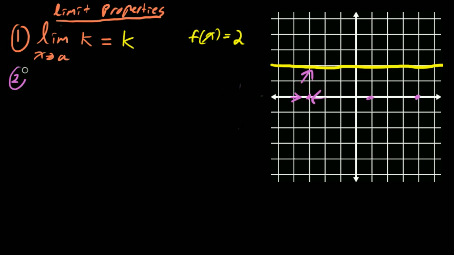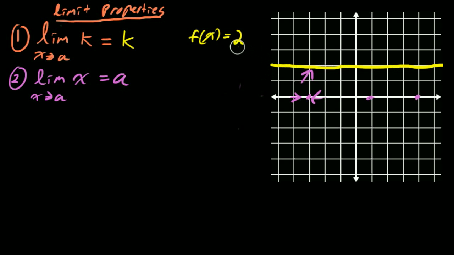Next, the second property is that the limit as x approaches a of the function x is just going to be equal to whatever this value a is.